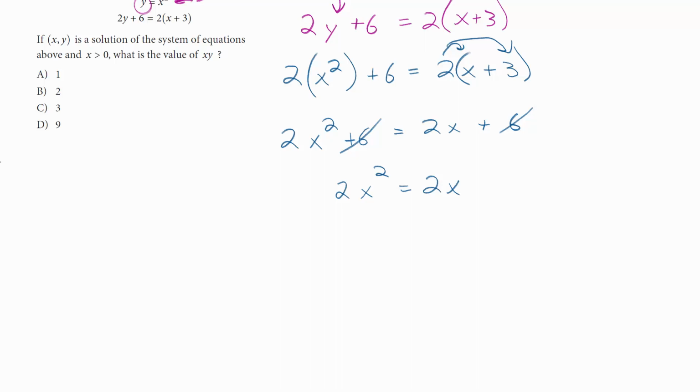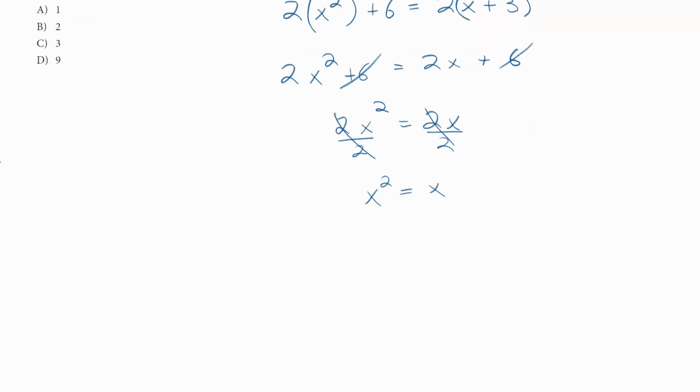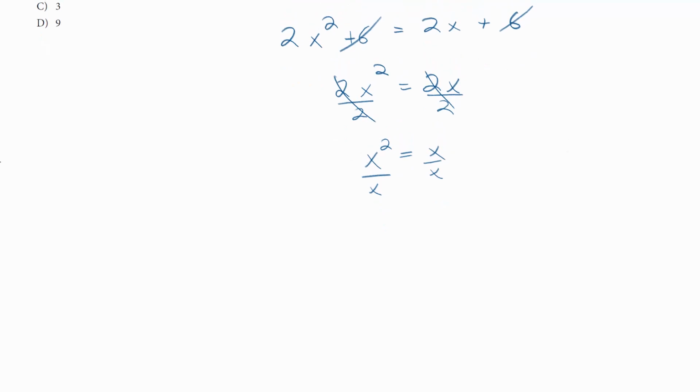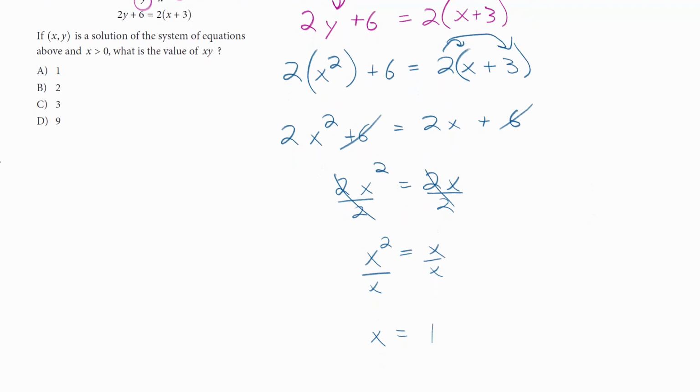On both sides we have a 2, so we can divide both sides by 2. And now x squared equals x. And on both sides we have an x, so we can divide both sides by x. And we get x equals 1.